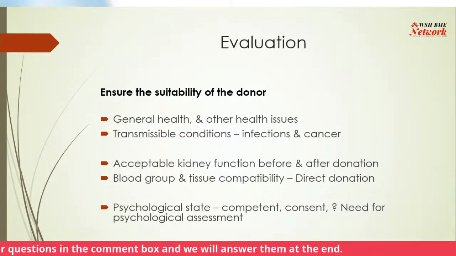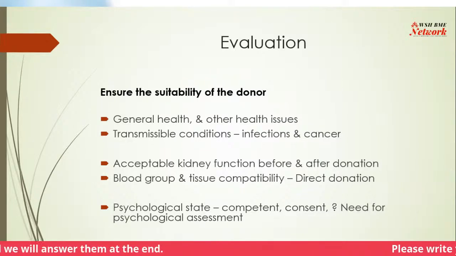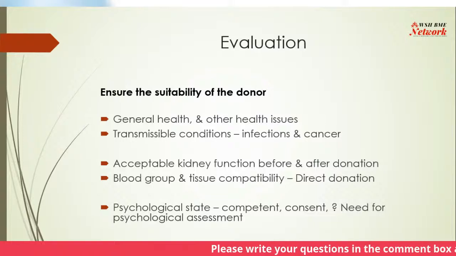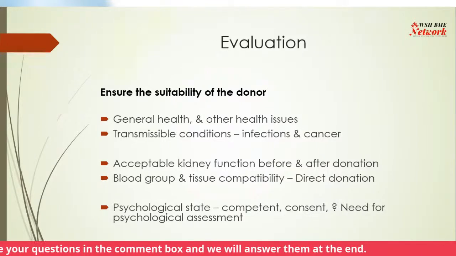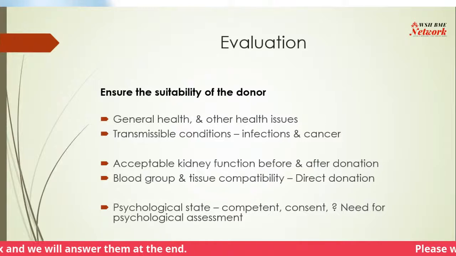Now, acceptable kidney function. We want to make sure that after donating their kidney, the patient will still have good enough kidney function to lead a normal life. We also want to check whether the patient is compatible, blood group and tissue compatibility with the donor. This is only in case of direct donation.